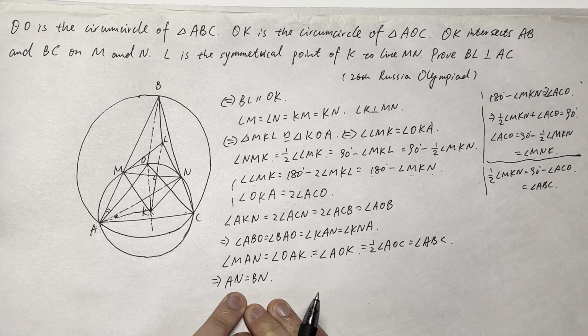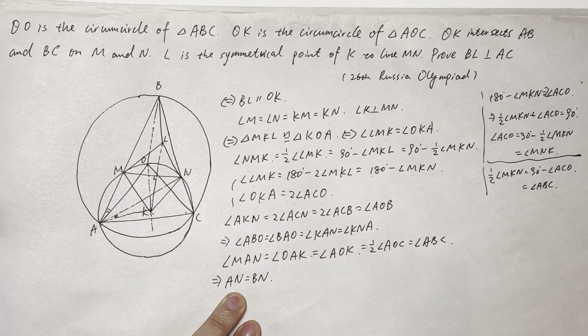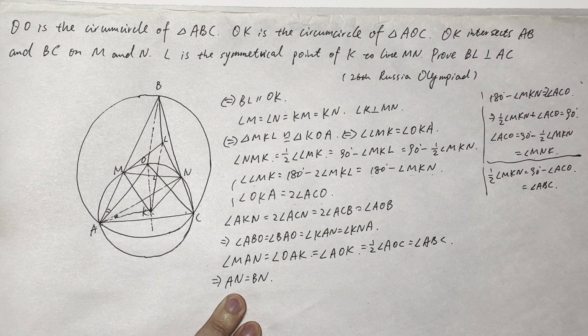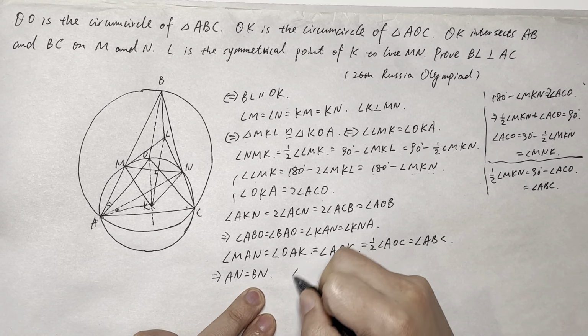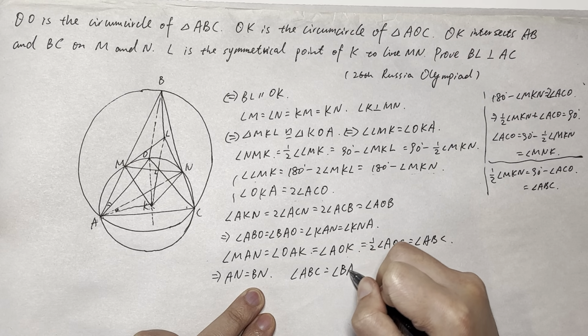The most critical part is that angle ABC can be represented by angle MAN. Right? So angle ABC equals angle BAN.